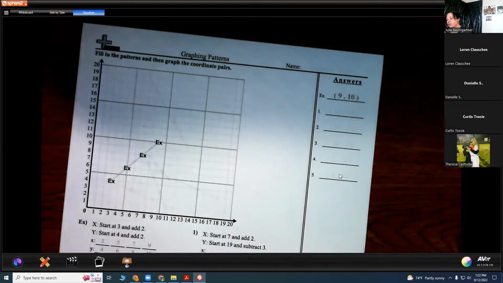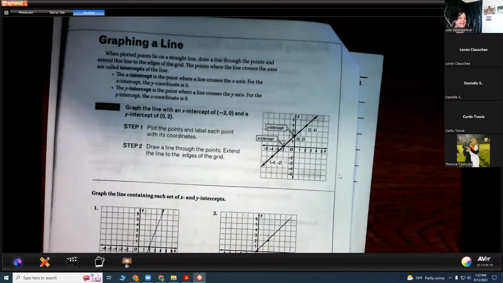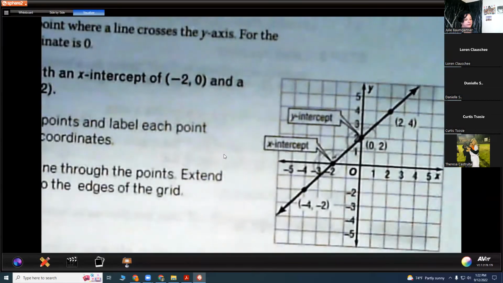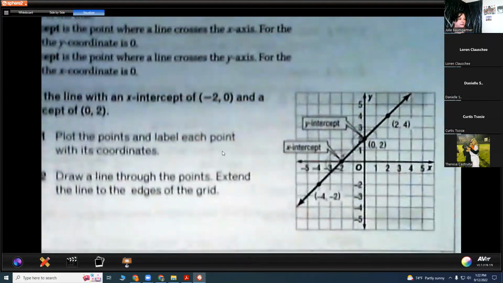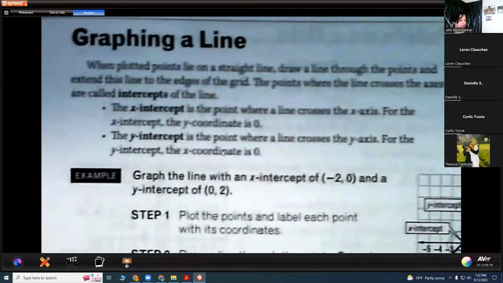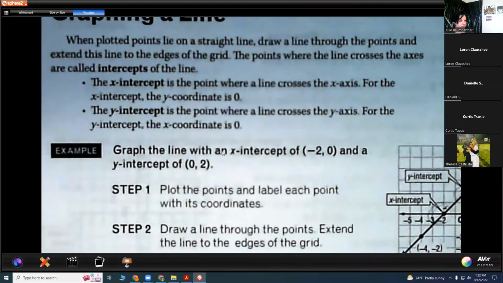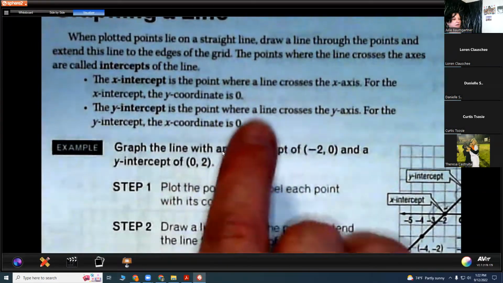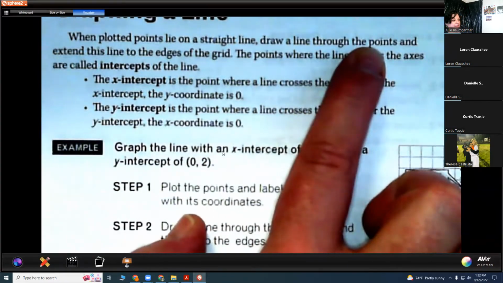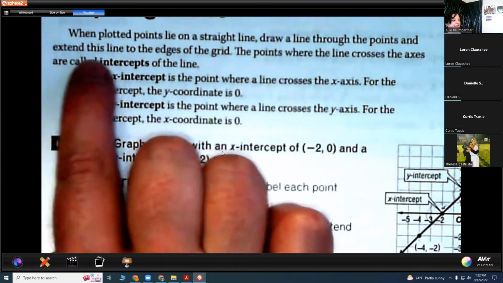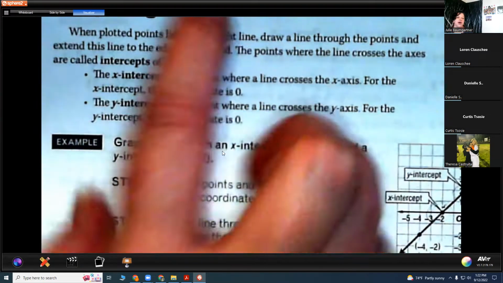Okay, so of course, once we know at least 2 points, although 3 is a lot better, but at least 2, we draw a line through the points and extend the line to the edge of the grid.